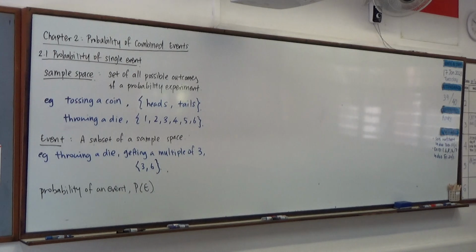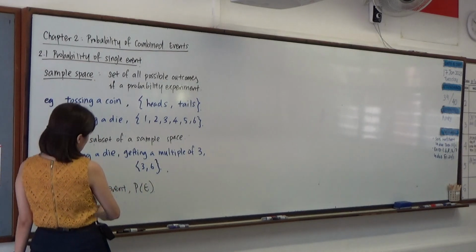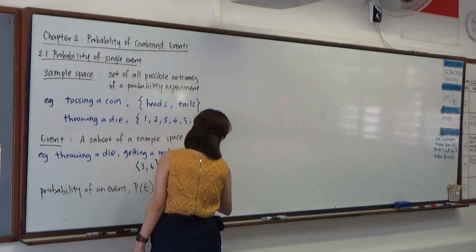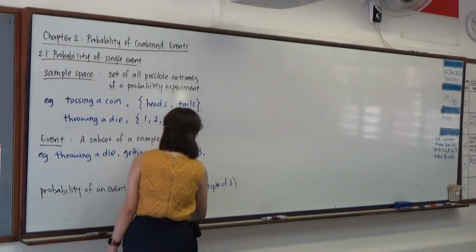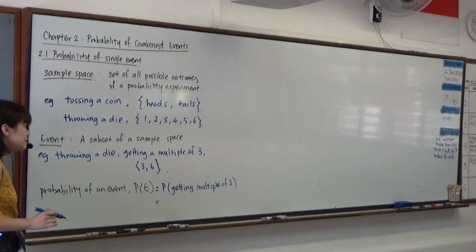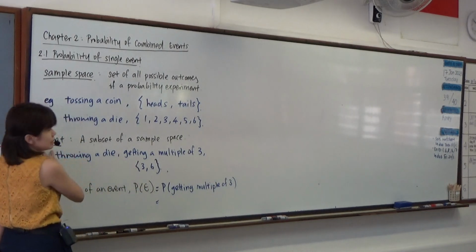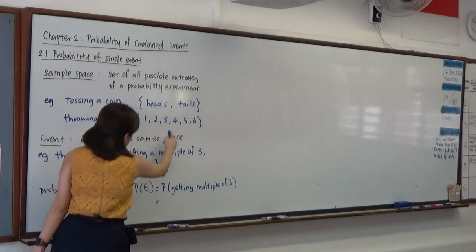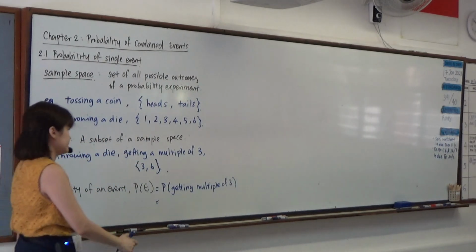Although sometimes in Sec 2, the event itself we describe in words, for example, probability of getting a multiple of 3. When we roll a die, there are 2 possible outcomes only for that event, but the sample space has a size of 6, so we are looking at 2 out of 6 probability, and that is 1/3.